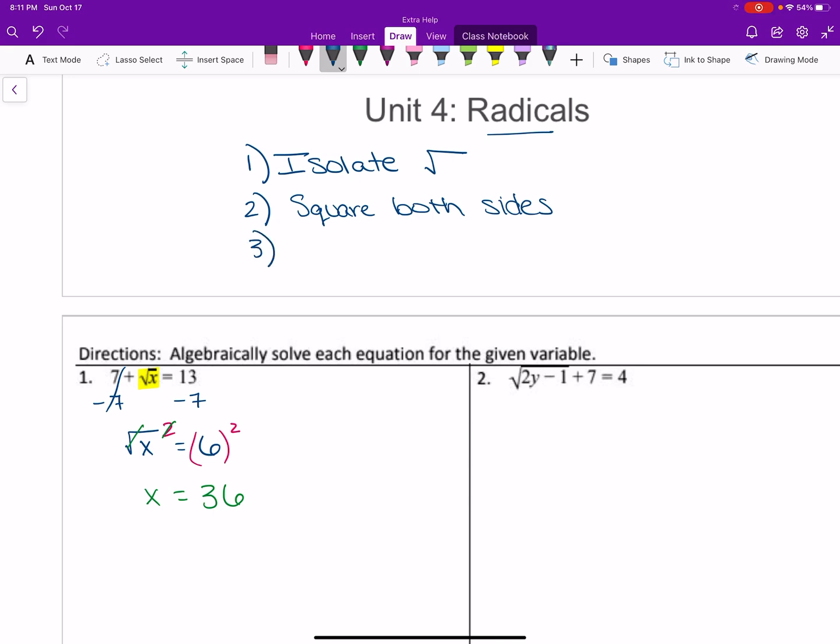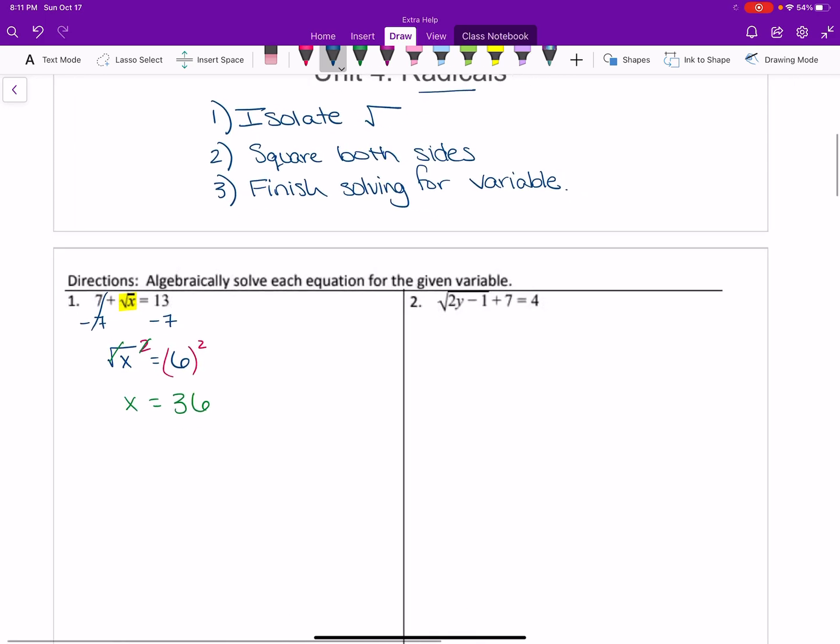However, sometimes there's still more to do, so the next step would be to finish solving for the variable. From here, the big thing that you want to do with radical equations is check your answers in the original equation.